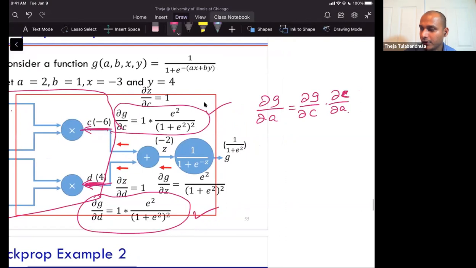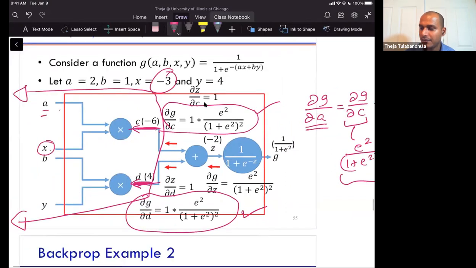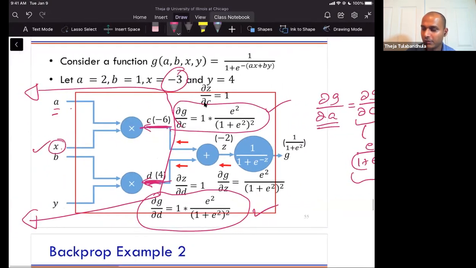This part is equal to x, and this is the incoming gradient, which we know is equal to e squared divided by 1 plus e squared the whole square. We also know the x value is -3. So -3 times this is exactly the gradient of g with respect to a at this given input. And similarly, we can do the same step for x, for b, and for y.